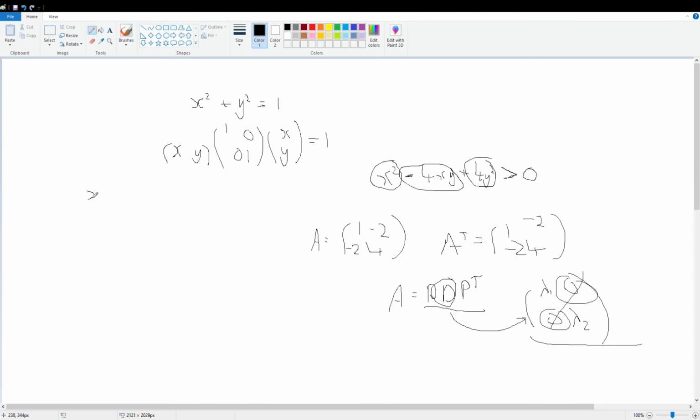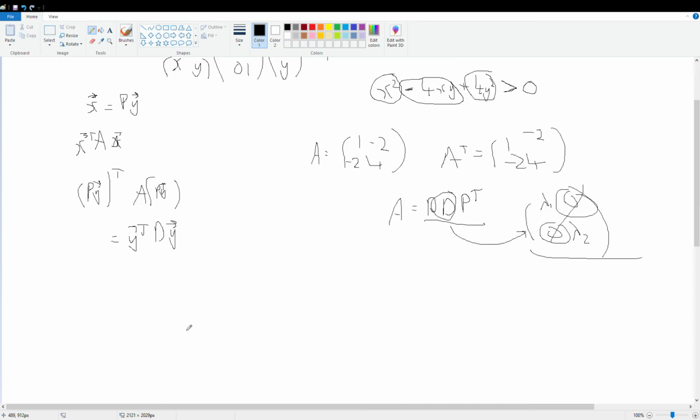So let's go and try something. If we write x to be Py, then we can rewrite x transpose Ax as (Py) transpose A (Py), which is equal to y transpose Dy.